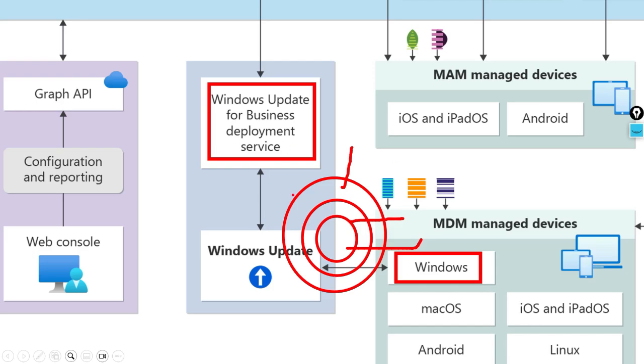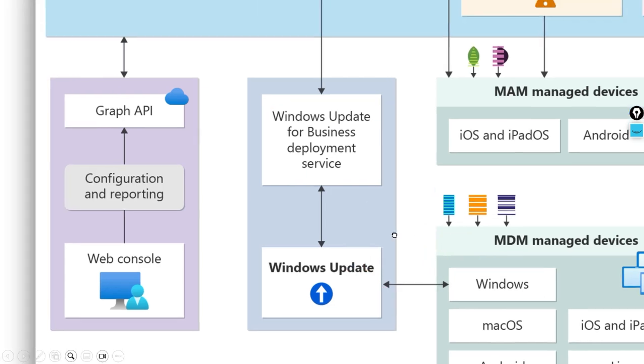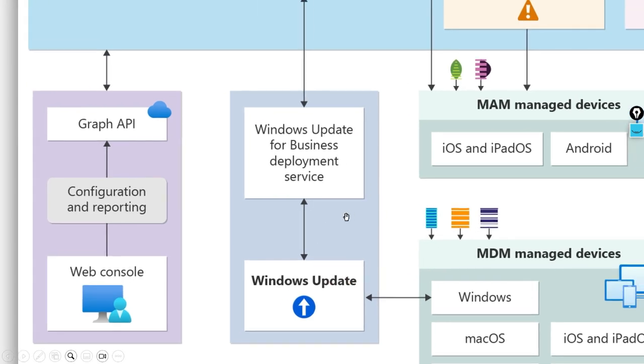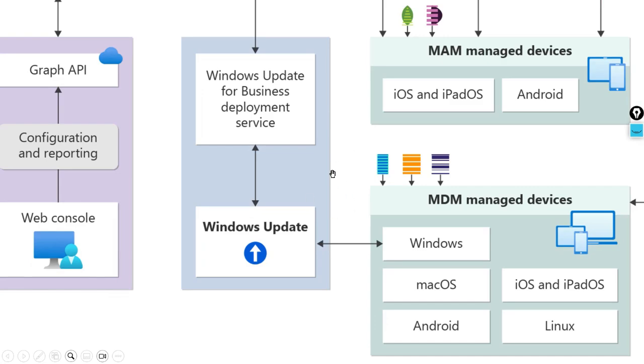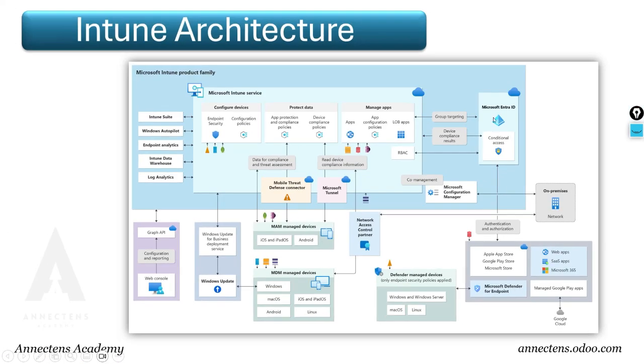If the first ring fails, we can stop the deployment right there, so it will not go beyond the second and third rings. We'll cover more about Windows updates in a 4 hour session, but this is the overall structure.